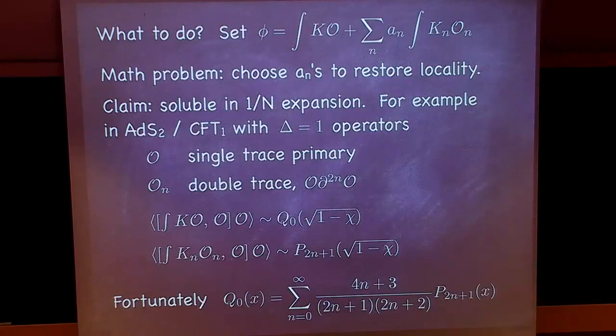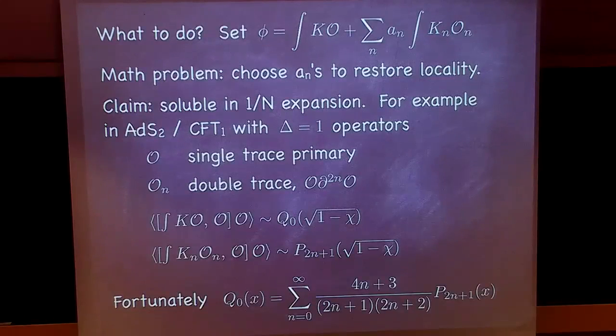But then if you want to take interactions into account, you need to add a sum that in principle runs over all other operators in the CFT. So these are these operators O_N. You smear each one of them appropriately to whatever its dimension is. There's some arbitrary coefficient in front, and you sum over all of these operators.